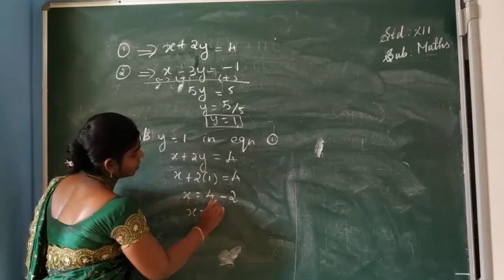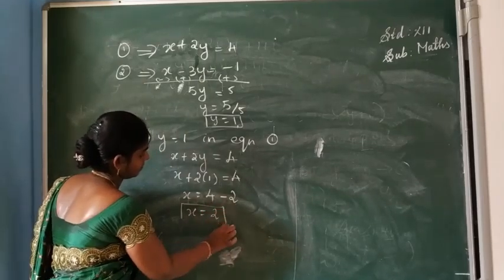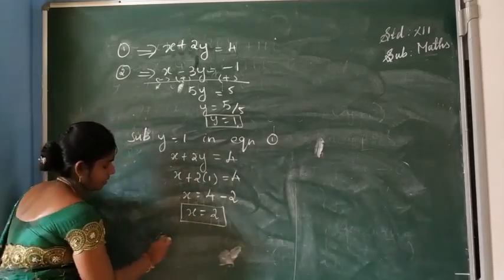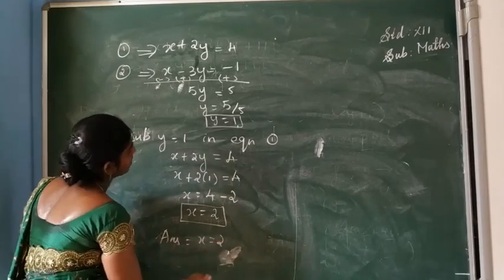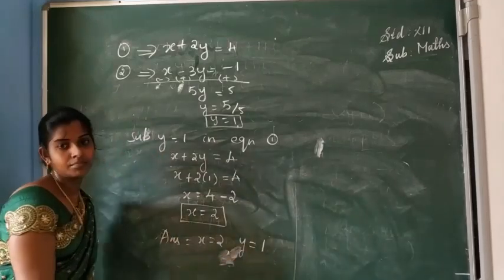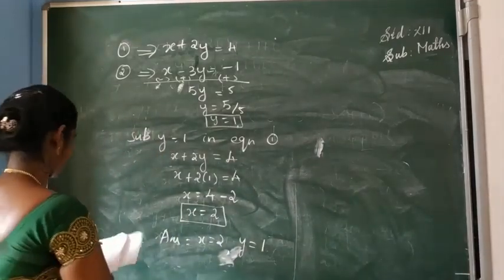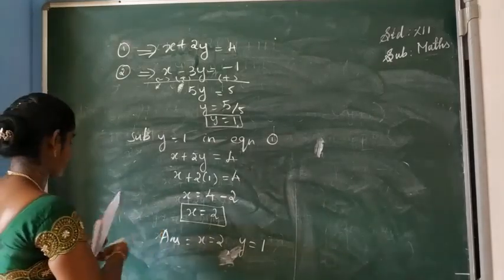So x equal to 4 minus 2, the value is 2. So the answer is x equal to 2, y is equal to 1. Next question.